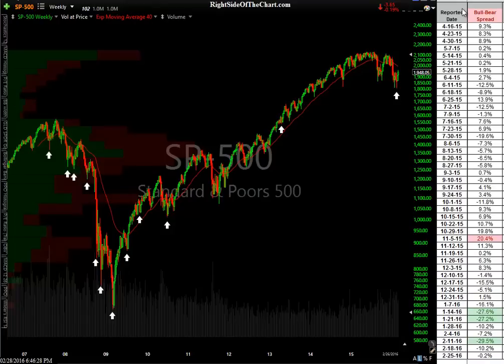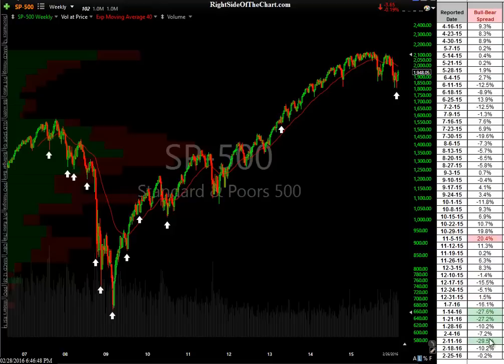So if you look to the right of the screen, this is the bull-bear spread. I've always used readings of negative 20% or greater as buy signals, and 20% or greater as sell signals.